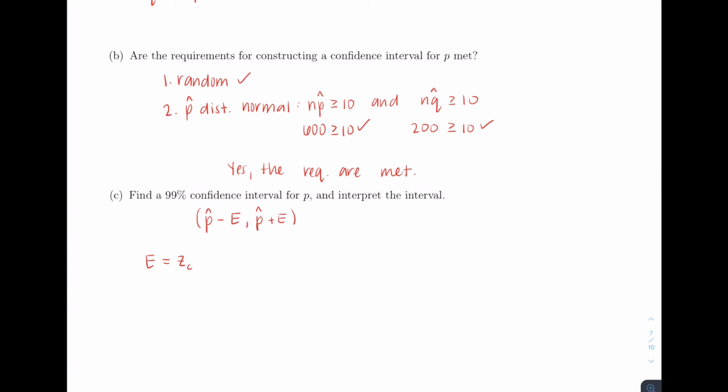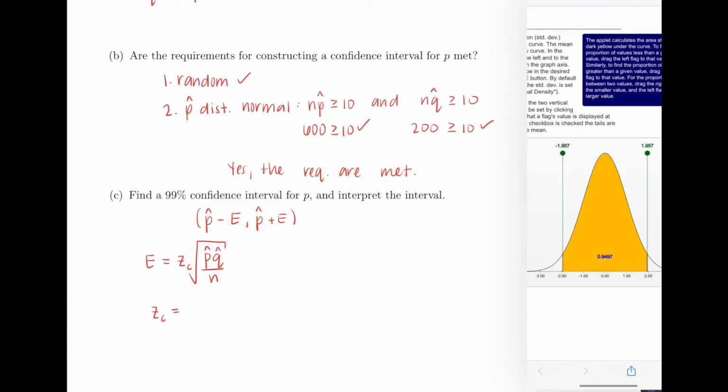When you're constructing confidence intervals for proportions, the margin of error is equal to Z sub C, that critical value, times the square root of P hat times Q hat over N. So that whole fraction is underneath that square root. That means that we first need to find our critical value.